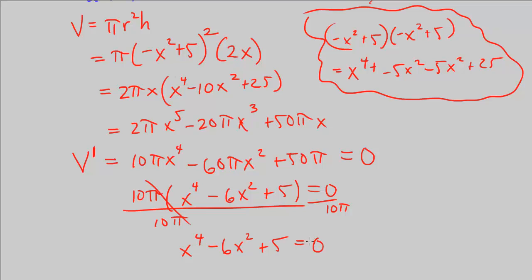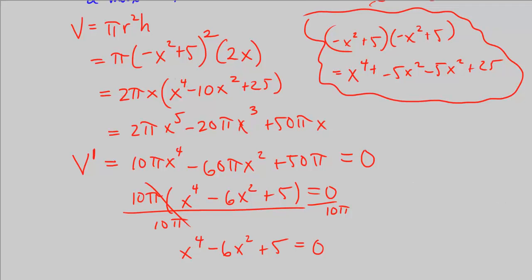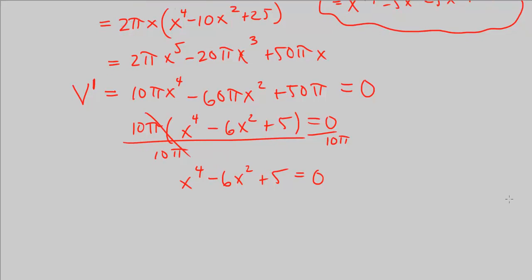Alright? So now what I'm able to do is factor this, right? So when I'm factoring this, let's scroll down. You'll notice that I have x to the 4th and x squared. And I'm not used to that, right? I'm used to x squared and x. But you can still factor this in the same way that you've done x squared and x. Because you can consider this as x squared squared minus 6 times x squared plus 5 equals 0.